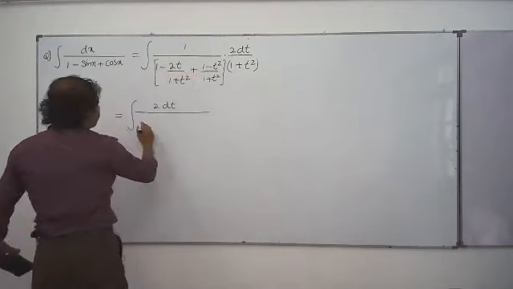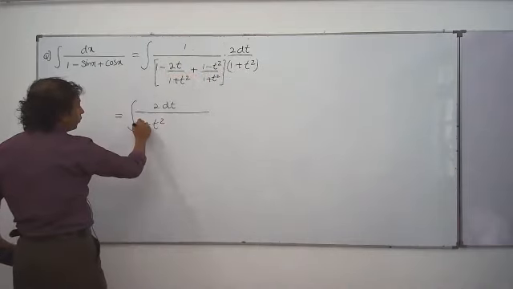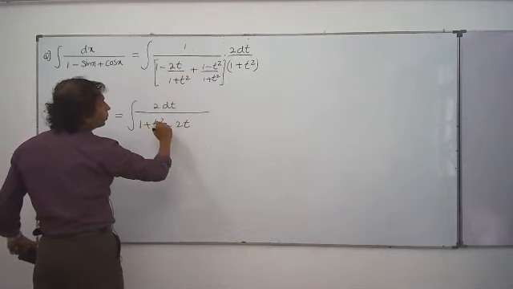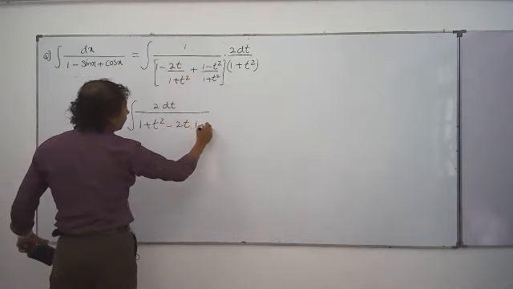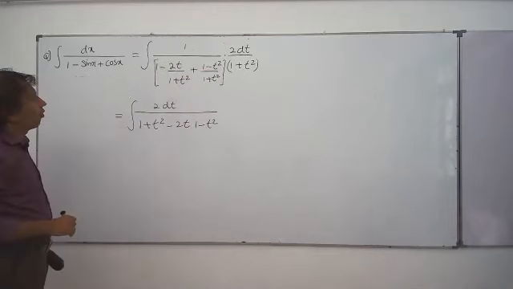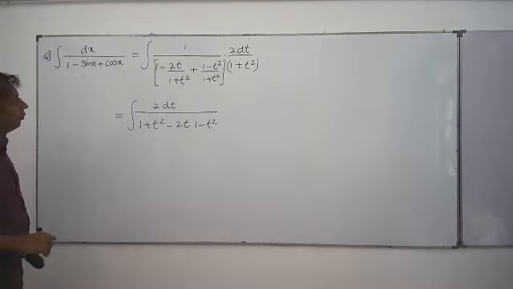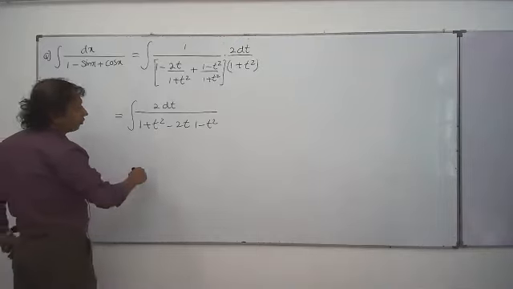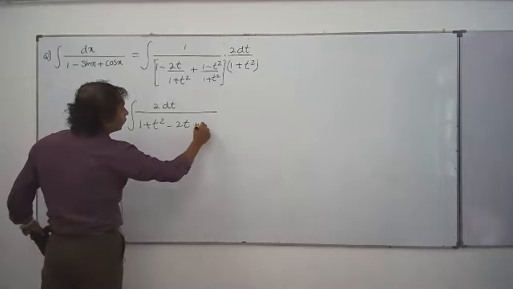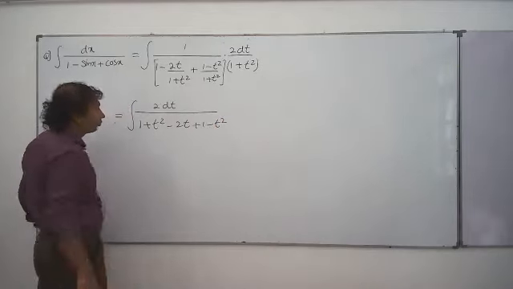We get 1 plus t squared here, minus 2t, 1 minus t squared. Plus 1 minus t squared, no?